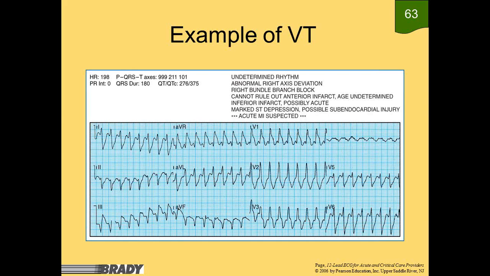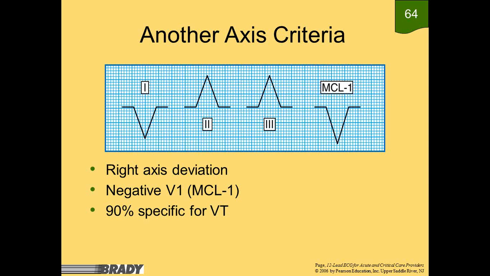I would say maybe it's right. So they threw a lot of stuff in there. It's just throwing out everything it's picking up, but it's not able to put that into a particular rhythm. We could quickly look at 1, 2, and 3. They're both down. Look at V1, it's up. We have V-tach. And just looking at the rhythm, you can kind of see that.